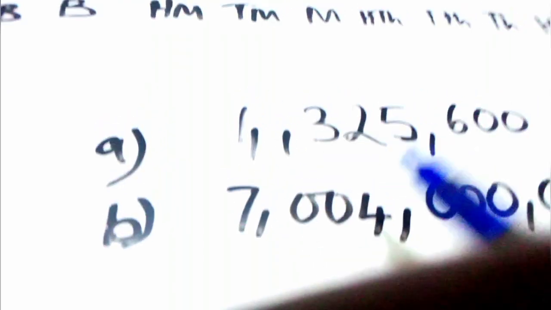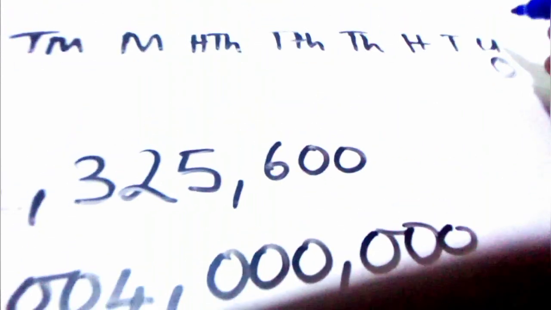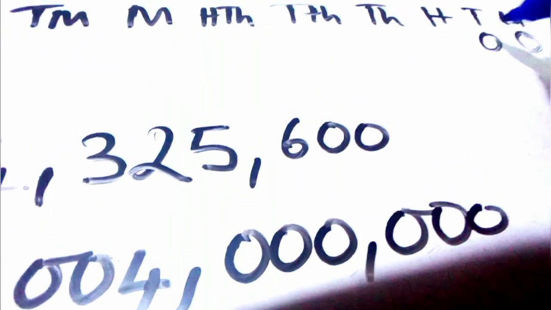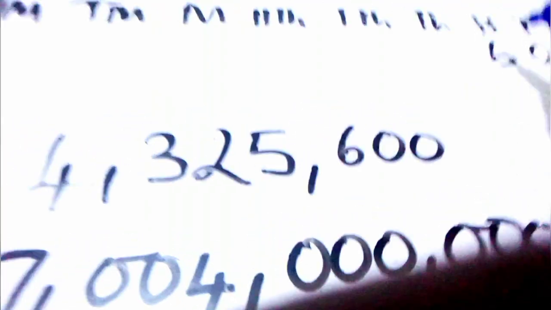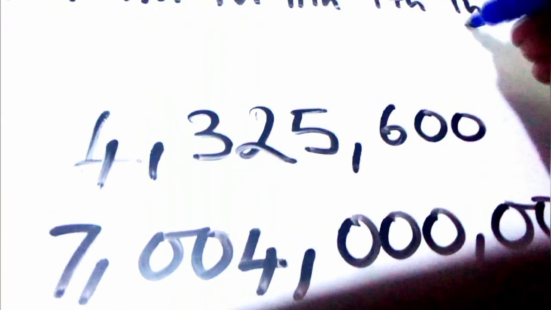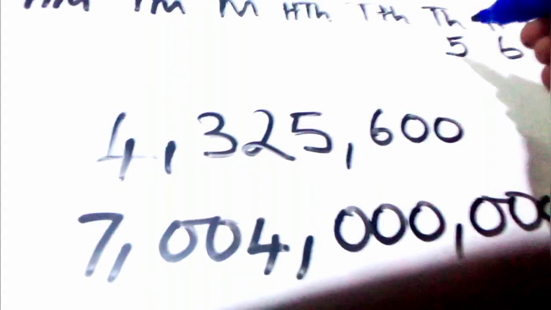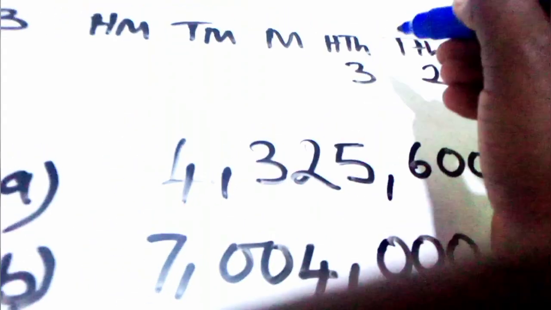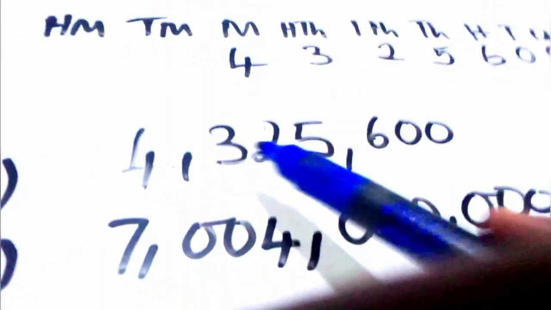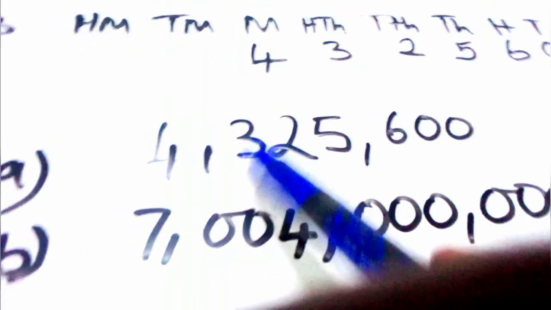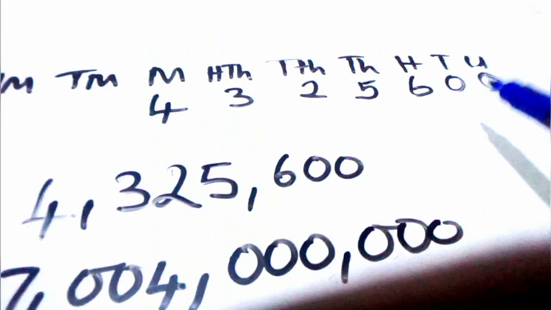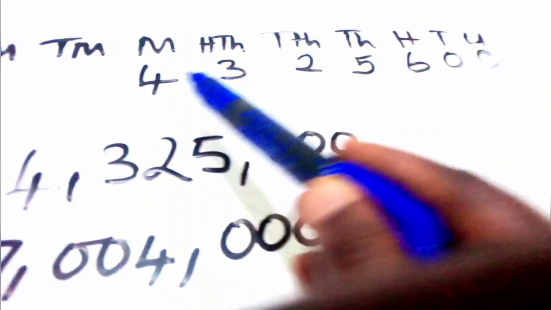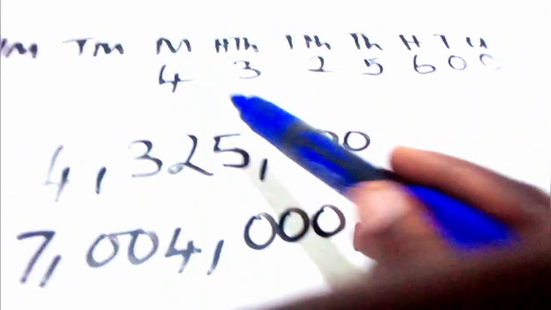Let's fix it in our place value, starting from the units. You can see what I told you, that the number should be in million based on how many commas. And I have fixed this number from the unit side into our place value chart. And from this we can now read it.